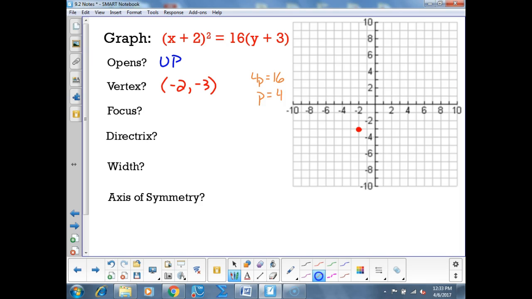So my distance is 4. If it opens up, that means my focus is up 1, 2, 3, and 4 from the vertex. So my focus is at the point -2, 1.